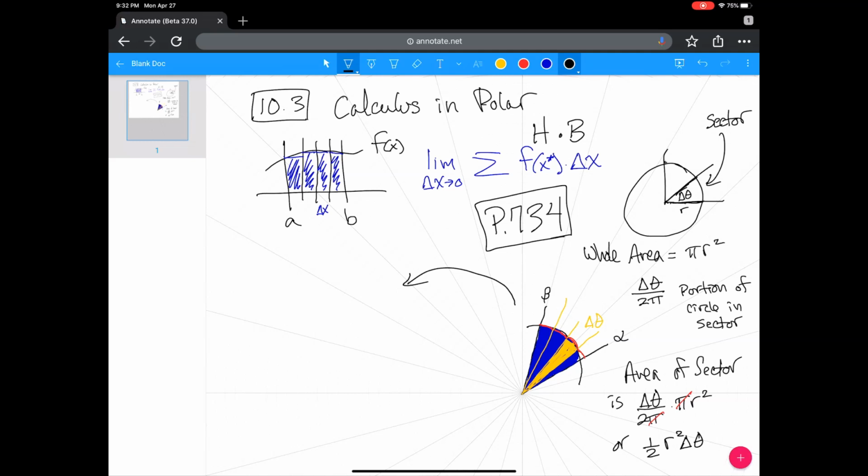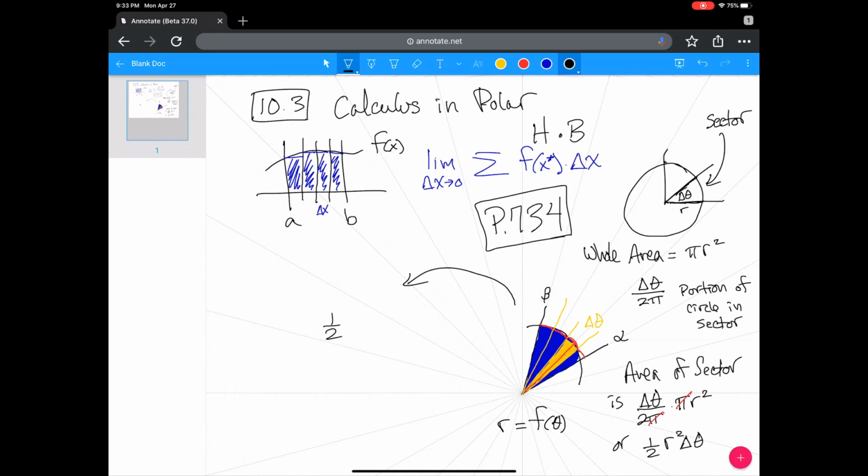So that means in each one of these little delta theta sectors of the area that I'm trying to get, I would have 1/2, and then the r value that I use in a particular one of these subintervals, I get by plugging some theta star from that angle range into the function. So let's remind ourselves of our notation. You have r equal to some function of theta.